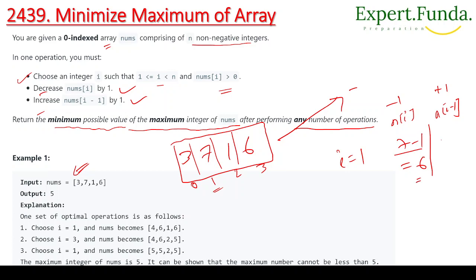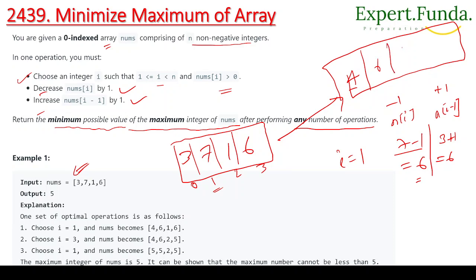Here nums[i-1] is nums[0], which is 3, and we do plus 1, so it becomes 4. So the new array becomes 4, then 6, and we are not doing anything to the 1 and 6, which remain the same.